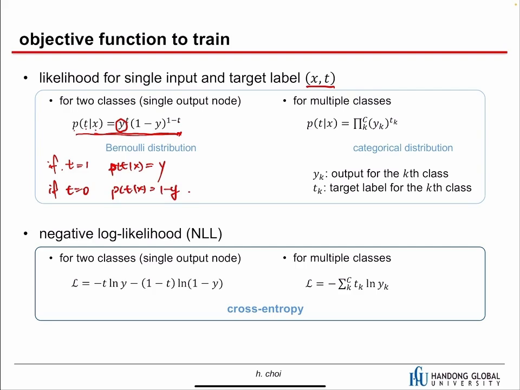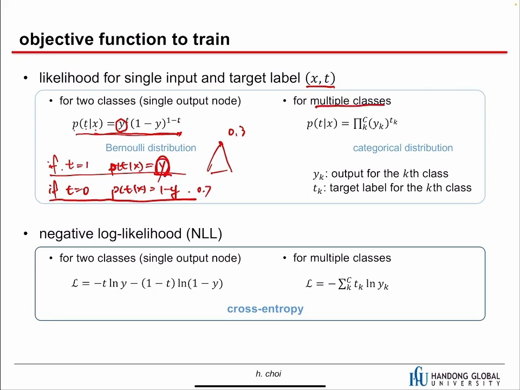Which means when the neural network's output y is, let's say, 0.3, then what is the probability of class 1? It says it is 0.3. Then what is the probability of class 2? That is 0.7. Okay, so we have only one output value, and with this output value, we can classify.